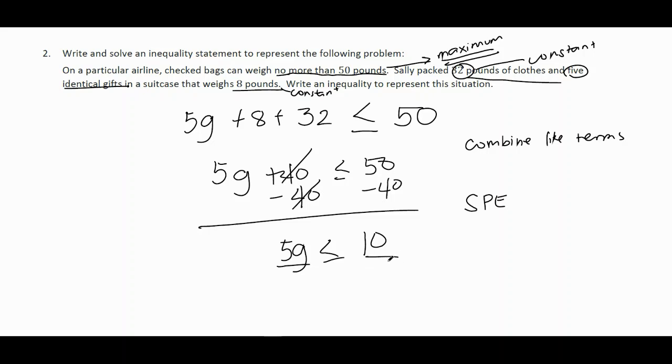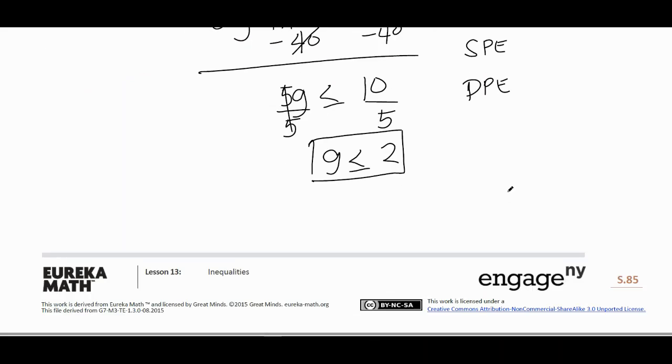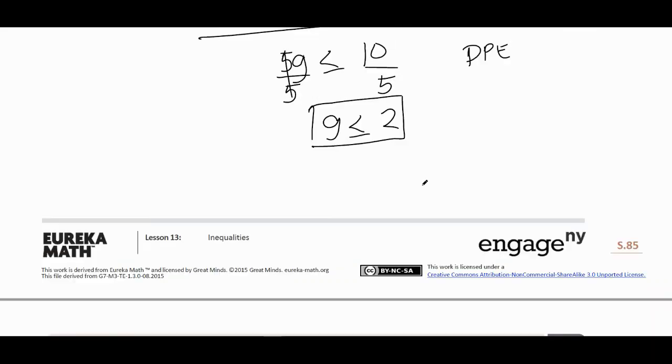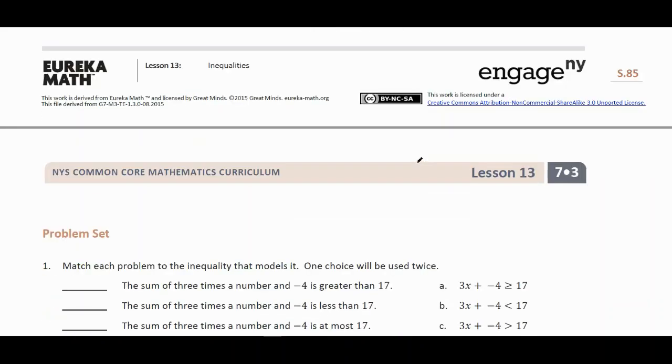And now using DPE, or division property of equality, G is going to be less than or equal to 10 divided by 5, which is 2. So we got the answer. So it means each gift, or each identical gift, should only weigh 2 or less, because we do not want to exceed that particular number.